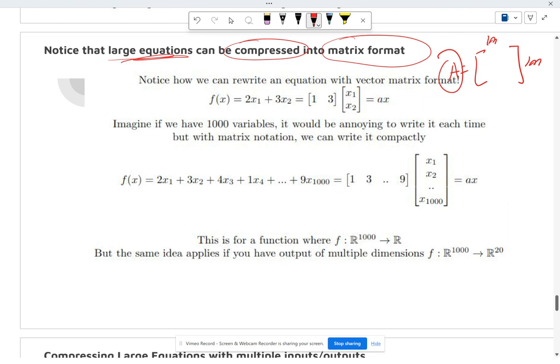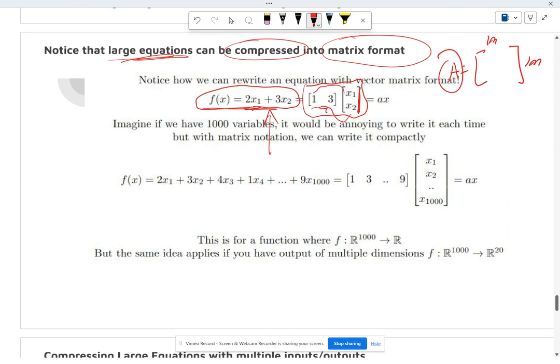So over here, what I'm saying in a very, very simple case is that, let's say we have this function. Another way to write this function is we have 1, 3 times x1, x2. So that's one way to write it. Another way is this right here, because a dot product is equivalent to x1 times 1, x2 times 3.